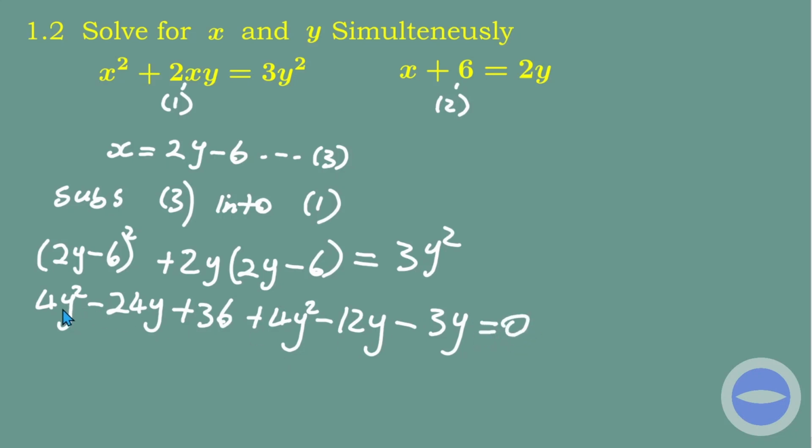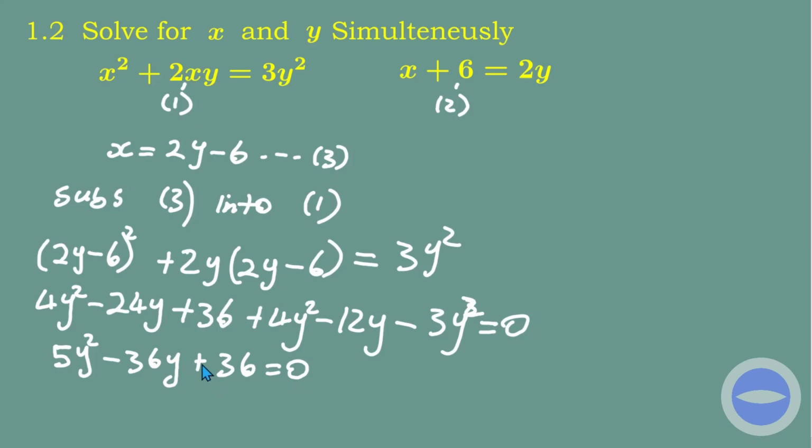So from there I will add like terms. 4y squared plus 4y squared minus 3y squared make 5y squared. And then minus 24y and minus 12y make minus 36y, and then plus 36 equals 0.